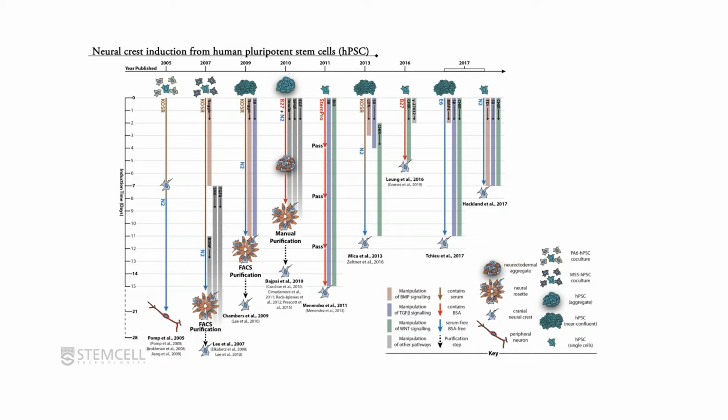This process also resulted in the identification of a number of key signals. There is a clear requirement for a lack of TGF-beta signaling, and in most cases, the small molecule SB431542 is used to inhibit TGF-beta.